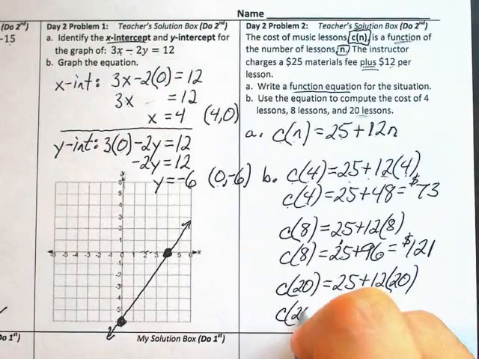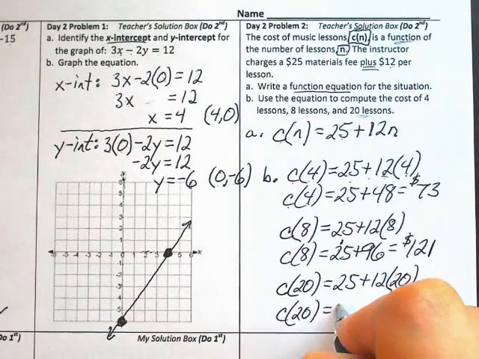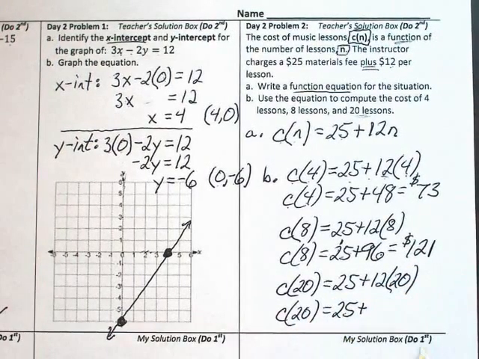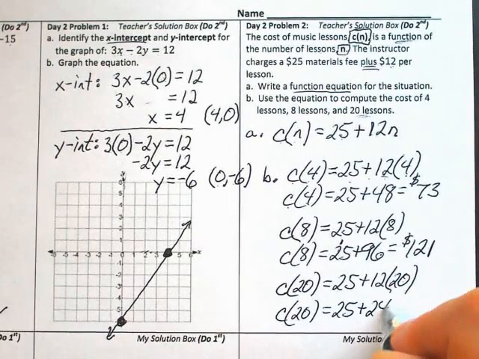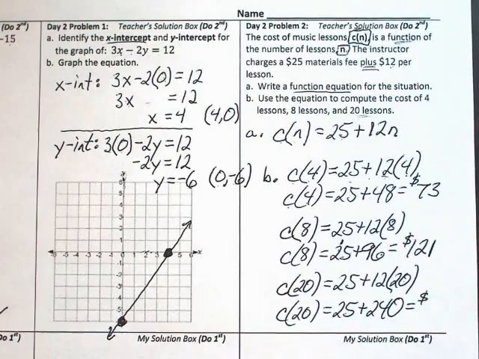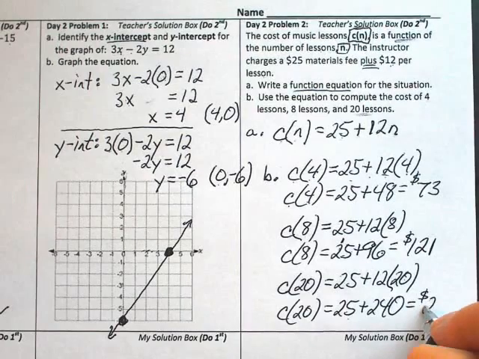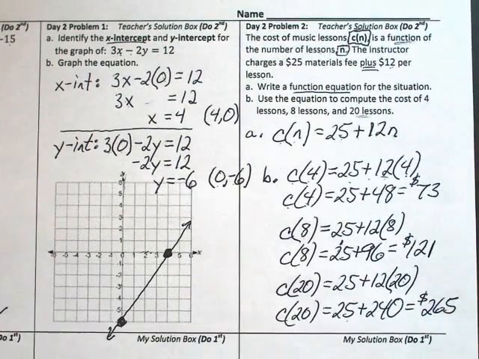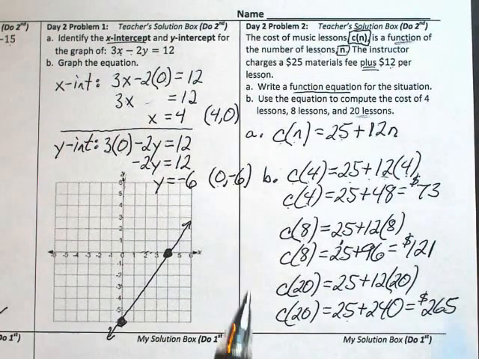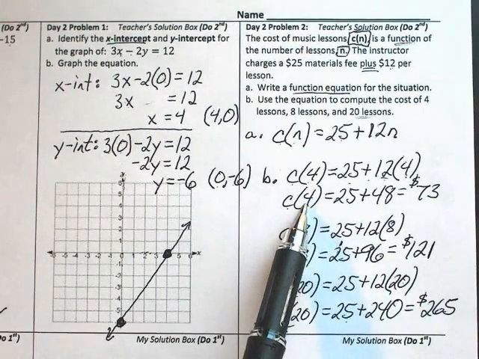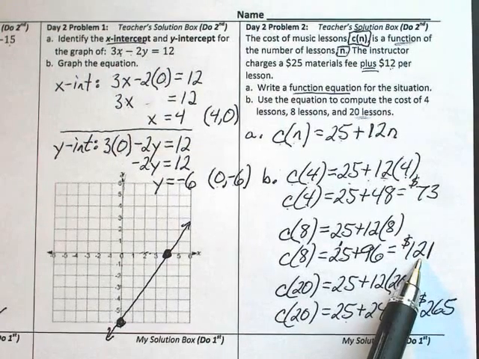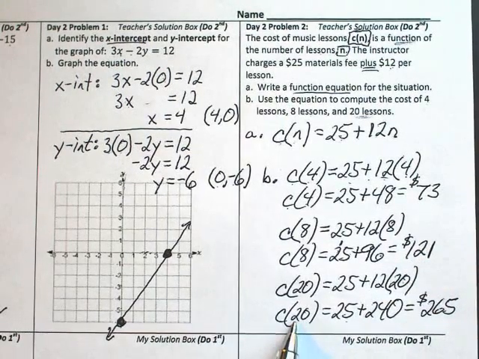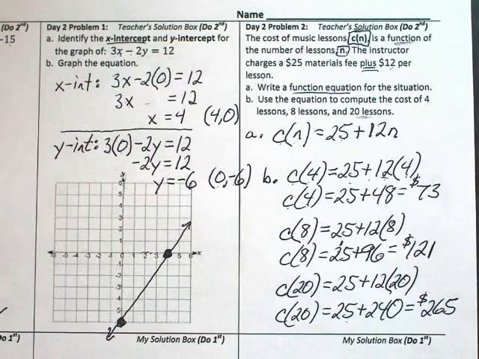So C of 20 is equal to 25 plus, now 12 times 20 is 240, and 25 plus 240 is $265. And so we have figured out the cost for 4 lessons is $73, 8 lessons, $121, and 20 lessons is $265.